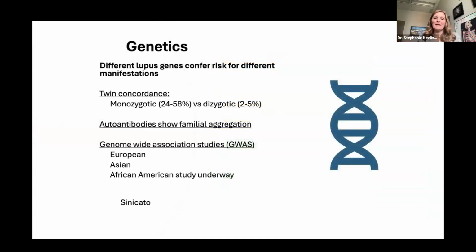And then there's the genetics. I kind of mentioned genetics in the different types of complex immune pathways that go on, from complements to B and T cells. But it's interesting because if you have monozygotic twins and one has lupus, what's the concordance? It's not 100%. You'll see here a range of 24 to 58%, and dizygotic twins is quite a bit less. But we do know, if you do a family study, that autoantibodies do kind of run in families or aggregate. So you may have a woman with lupus and she may have siblings or parents or kids, and they may check various autoantibodies.